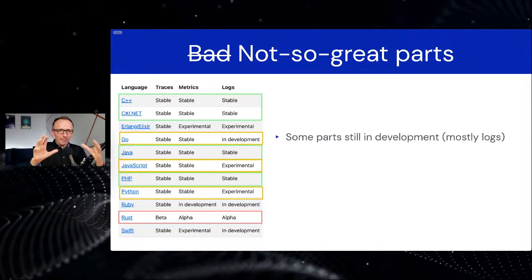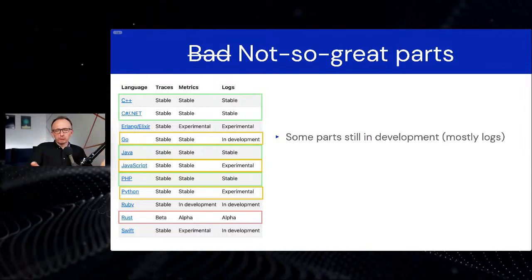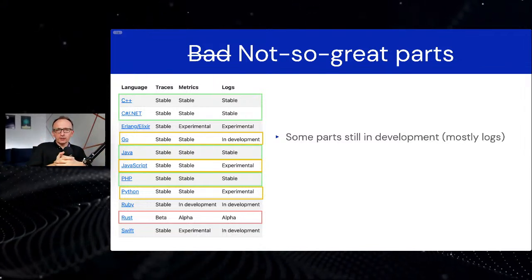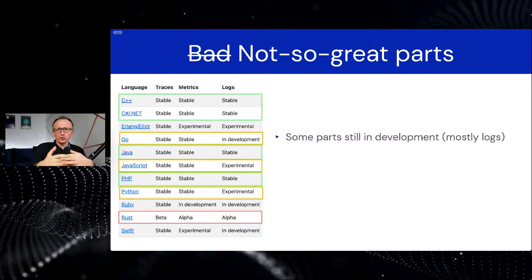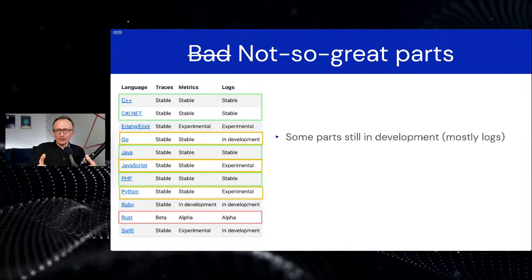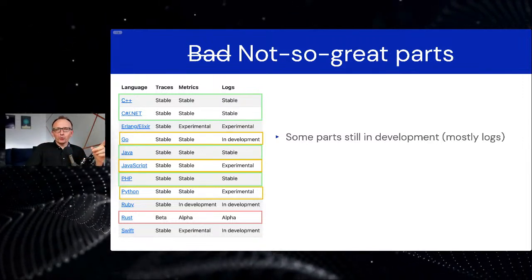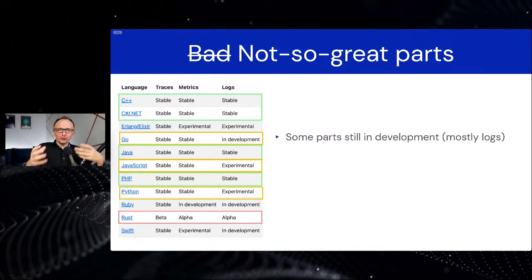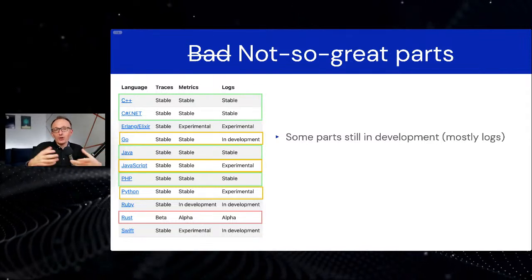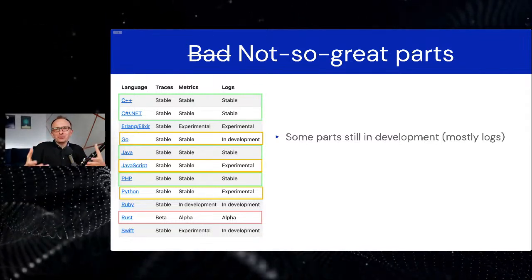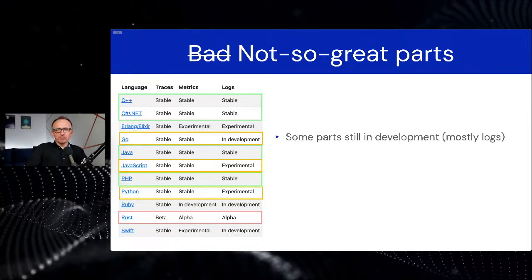So it's not that bad, because with Python, I was able to create a working configuration, and it's a decent working logging solution. But still, I'm hoping that in a few months we will be able to use it as a stable feature, not an experimental one. And for Go, we will be able to use a logging feature in general.